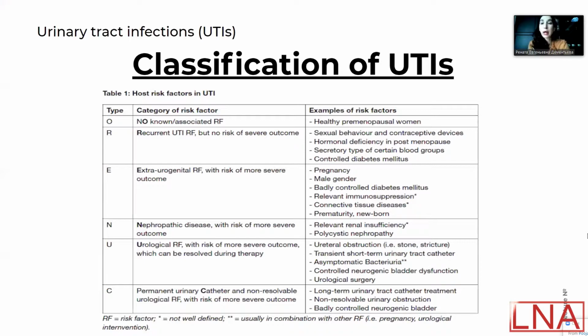In this group, we include ureteral obstruction by stones, by stricture, by tumor from outside, transient short-term urinary tract catheter, and placement of a catheter in the urethra in the emergency room or in resuscitation. Also a host factor is asymptomatic bacteriuria, controlled neurogenic bladder dysfunction, and urological surgery or surgical intervention on the organs of the pelvis and urological tract.